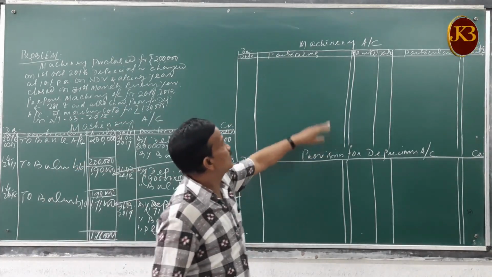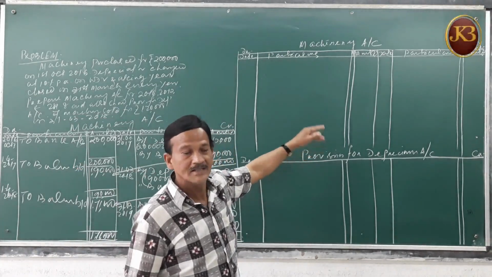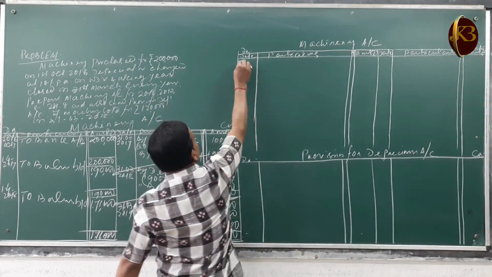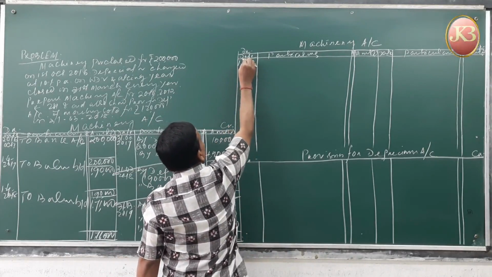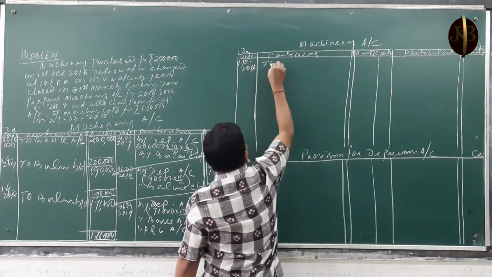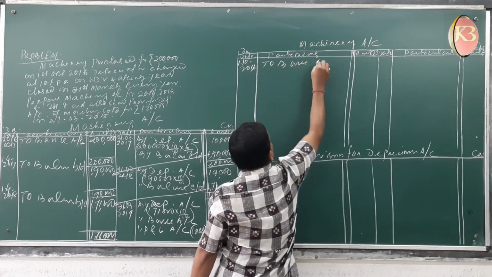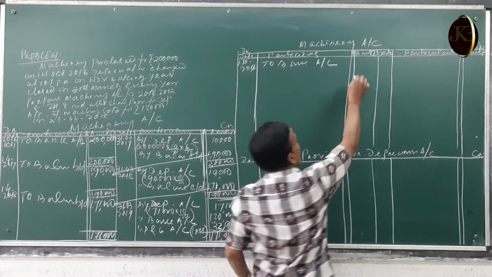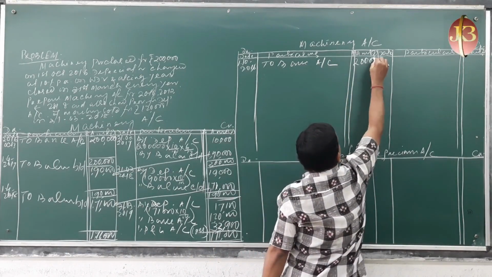If provision for depreciation and machinery account is prepared, then see how it happens. The first, October 2016, to bank account: machinery purchased to bank account, that is 2 lakh.